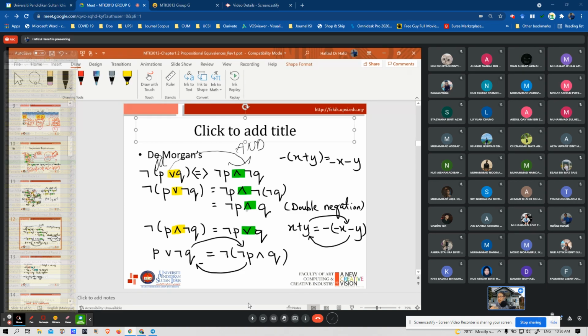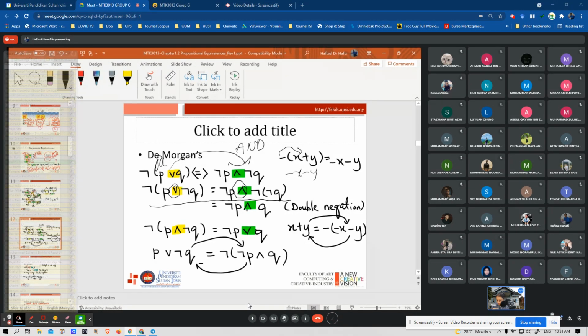Same goes here, negative x is going to negative y. Same goes here, negate P or negate Q. We open up the negate P, because De Morgan law is we change the compound statement.